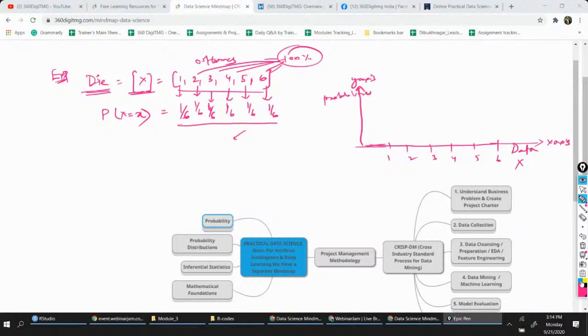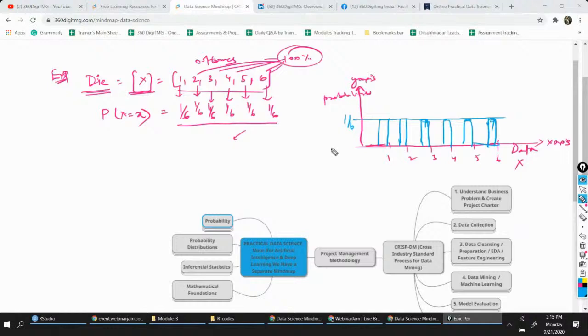If I do this, then the chance that 1 has is 1 by 6. How much does 2 have? 2 also has the same chance. 3 also has the same chance. 4 also, and 5 and 6 also have the same chance. So I'm marking like this. This is 1 by 6.